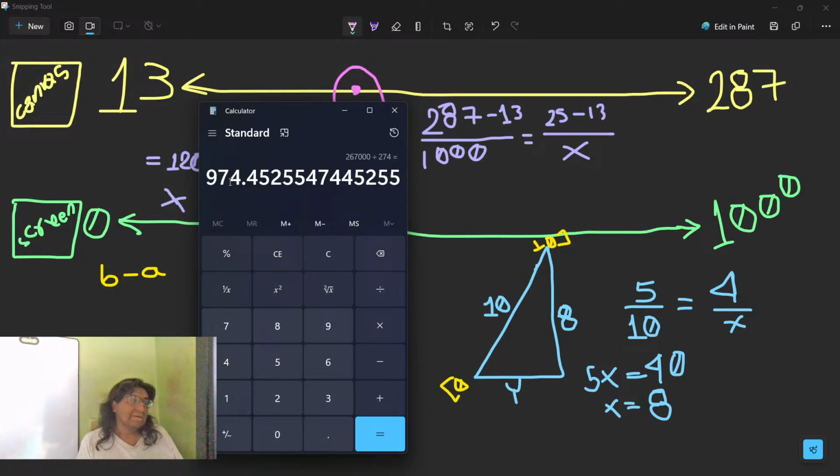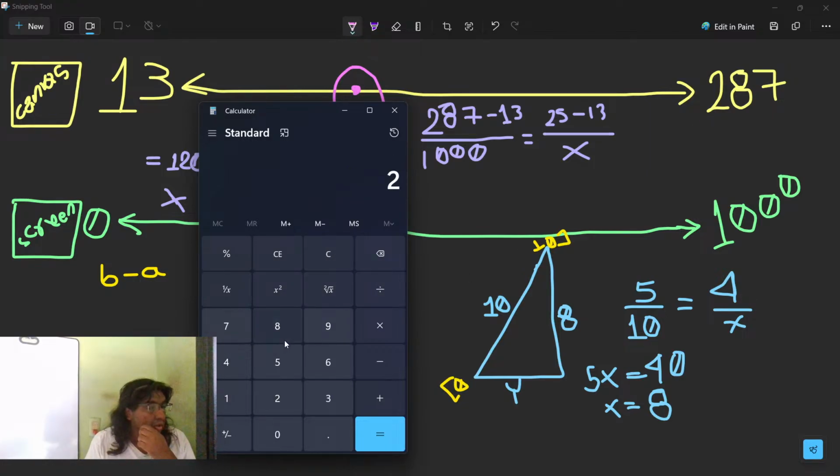Because we are now very close to 1000, because we use 280. We use 185 minus 13 times 1000.